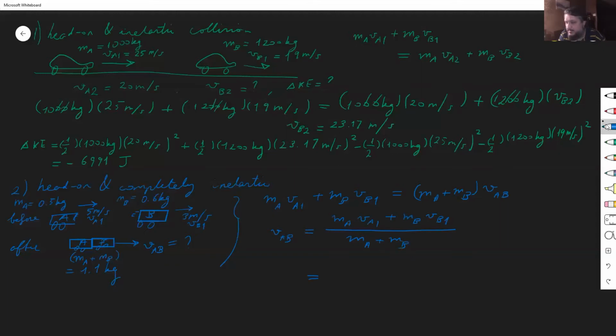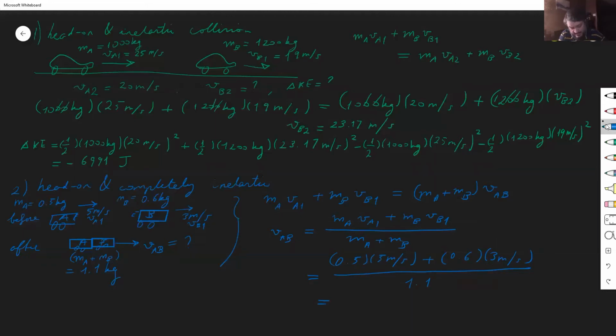So we have here 0.5 times VA1, which is 5, plus MB, which is 0.6 kilograms, times 3 meters per second, divided by 1.1.